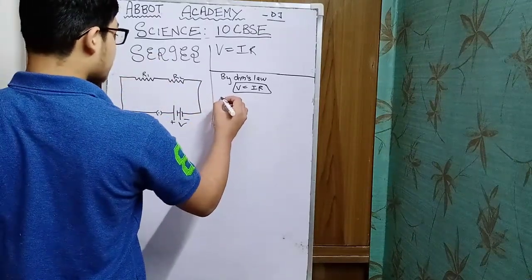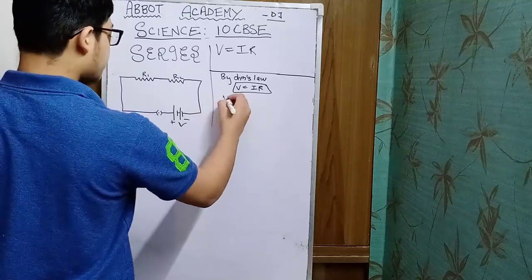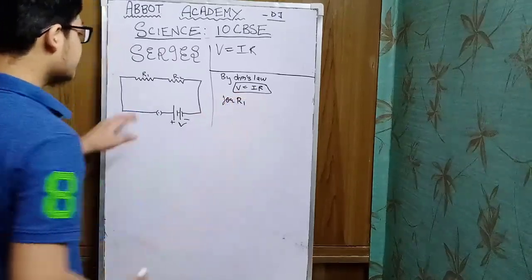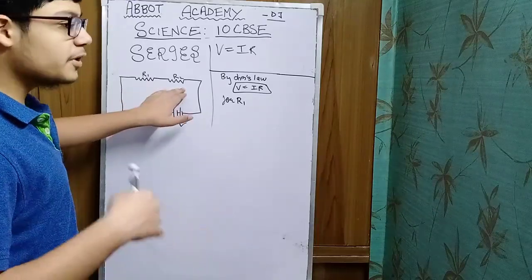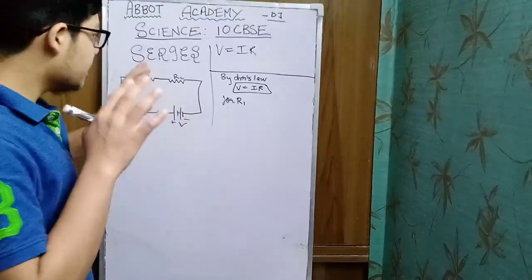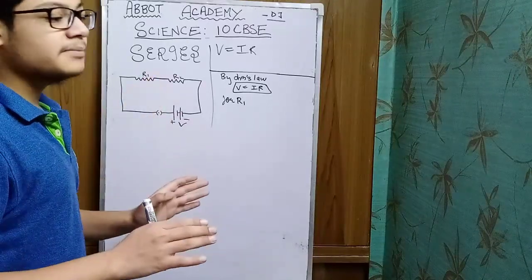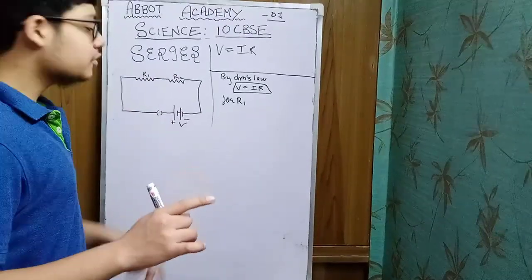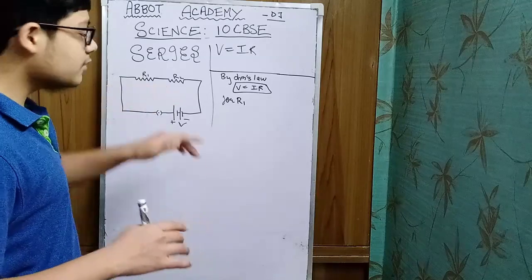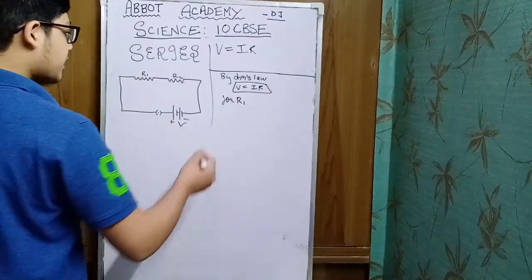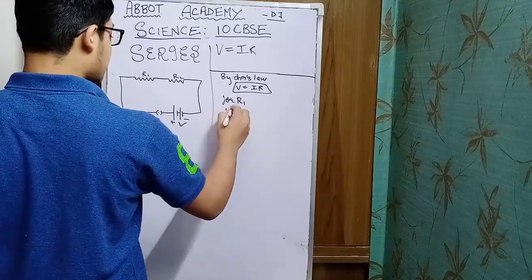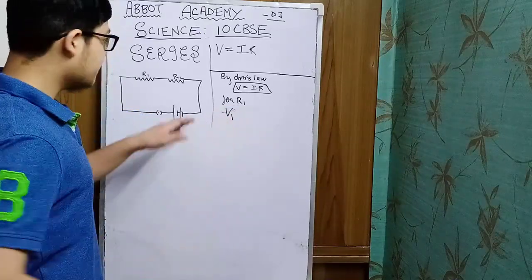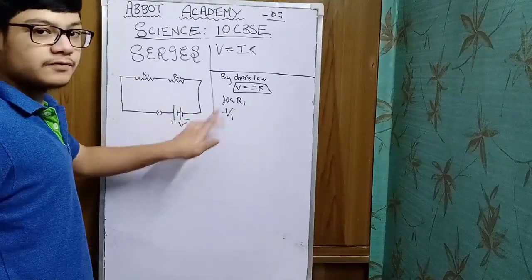And we can write that for R1 the potential difference would be different, and for R2 also the potential difference will be different, because in series arrangement only the current remains the same, not the potential difference. So I will name the potential difference for R1 as V1.